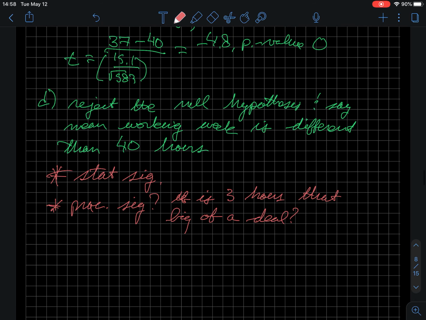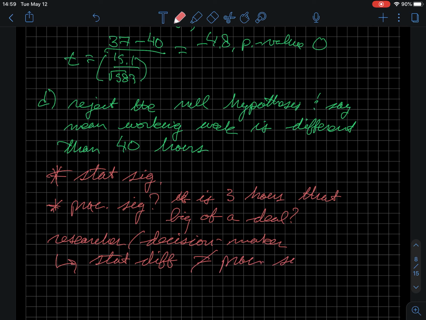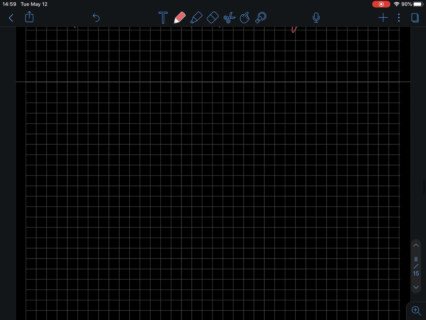That's something a researcher or a decision maker has to answer. That cannot be made for you; you have to do that yourself. So keep in mind that even though there is a statistical difference, it does not always equal practical significance. Just keep that in your back pocket for later. We'll talk a little more about that later.